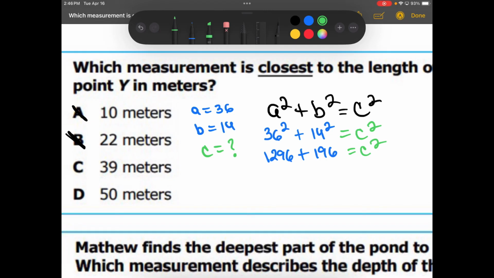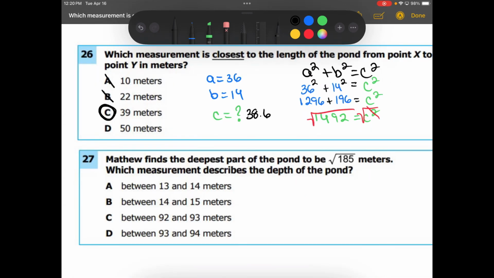Now we're going to add those together. That's 1,492 equals C squared. What do I need to do here? Take the square root. What you do to one side, you do to the other. So what is the square root of 1,492? What did you get? 38.6. Now it says what is the closest? C or D? Yep, C is your answer.